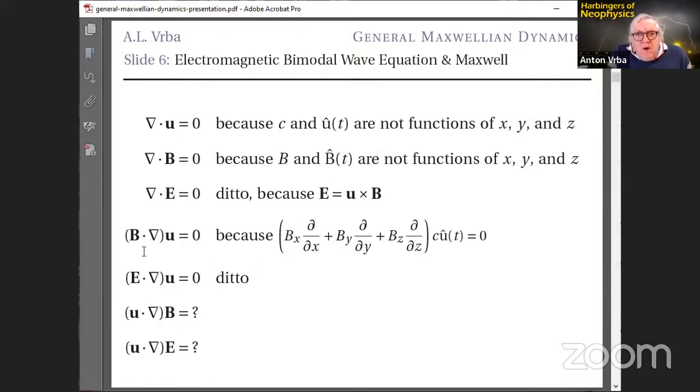The dot product of b with nabla times u develops into this. We also see it equals 0.